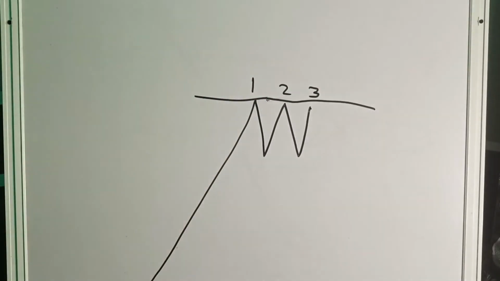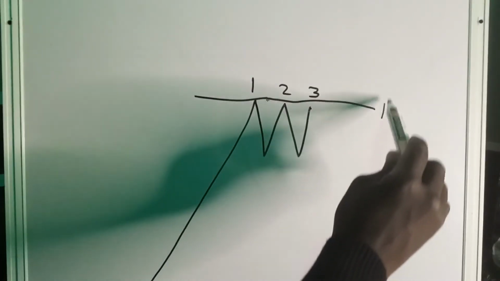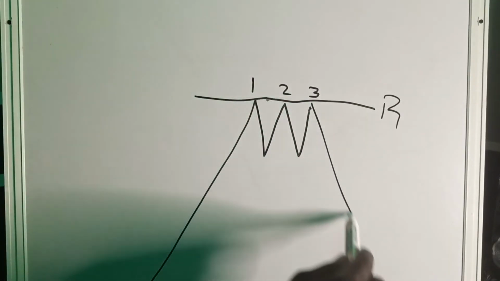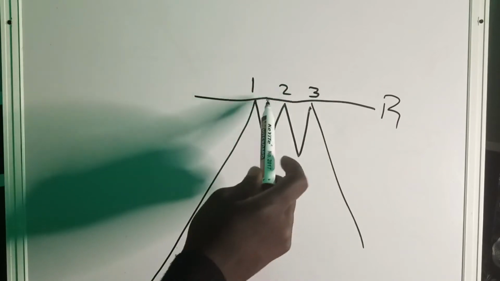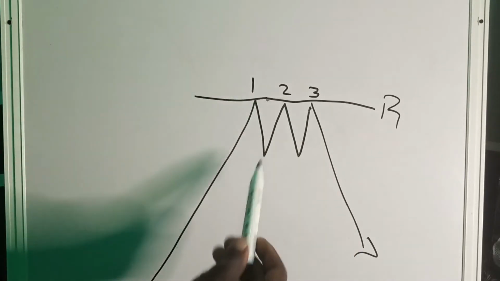This tells you that price is finding it difficult to break this resistance, and price will most likely go down after respecting this resistance. And the same thing goes for the triple bottom. It's the opposite of the triple top.